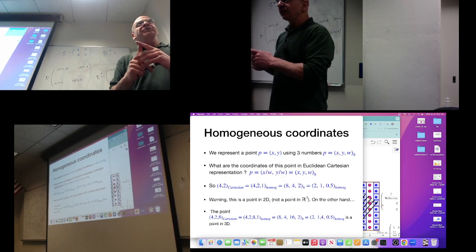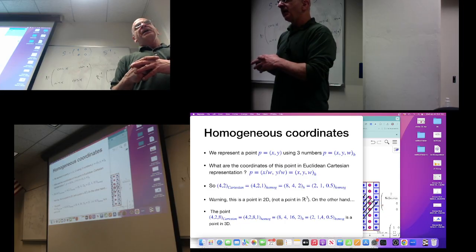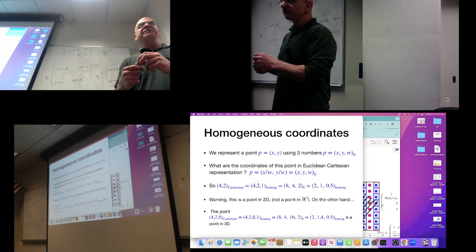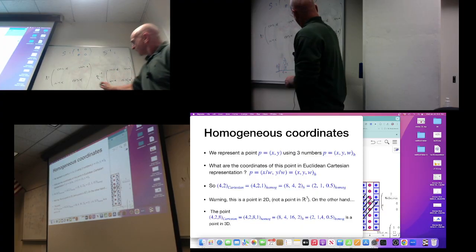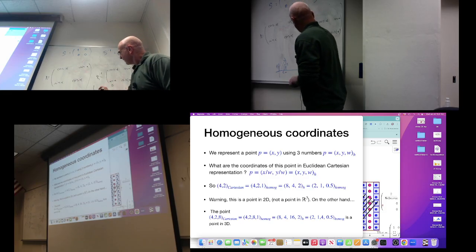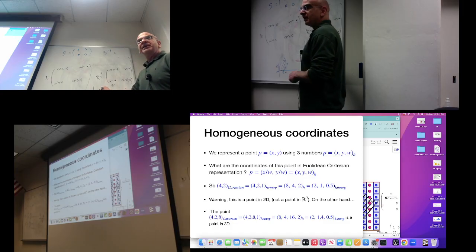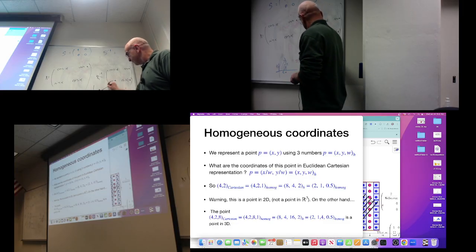Because otherwise I cannot do translations, and otherwise I cannot do perspective projections, which is still way ahead of us. Perspective projection is when I ask, hey, here is my screen, and here is an object in 3D. Based on the coordinates of this object in 3D, I want to multiply by a matrix and find where it is on a point on my eye.